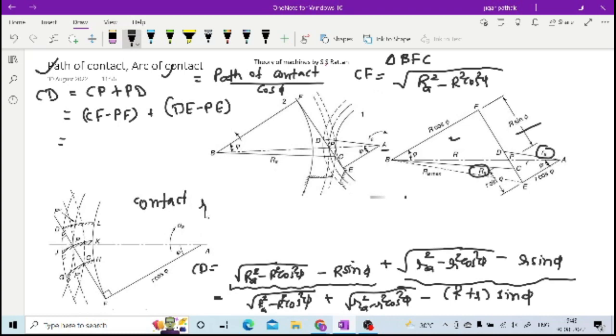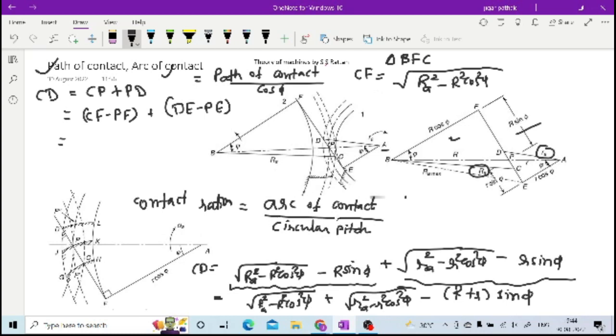Contact ratio is nothing but your arc of contact divided by your circular pitch. Circular pitch we have just now discussed, pi d by t. So this is how you are having this contact ratio.